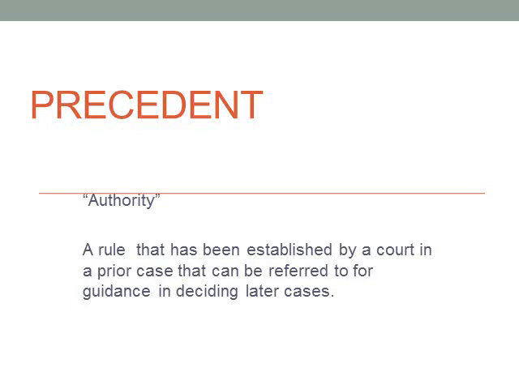Another word for it is authority. This is the rule that has been established by a prior court in a prior case, and it can be referred to as guidance in deciding later cases. The Supreme Court is pretty adamant about referring to precedent.